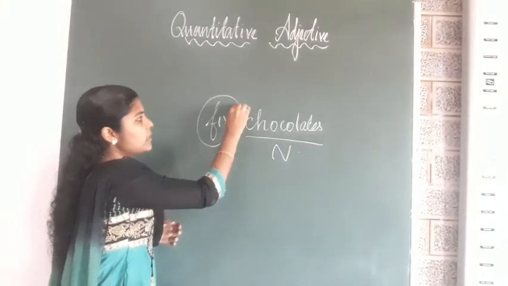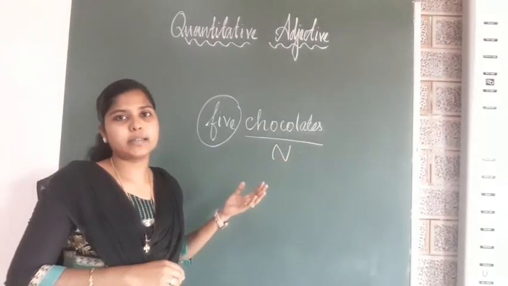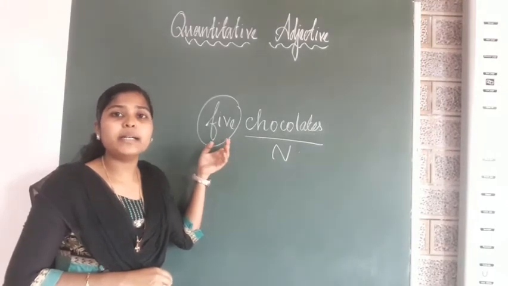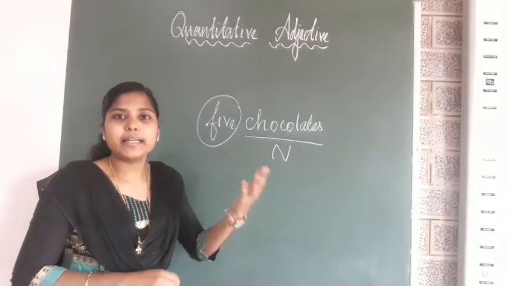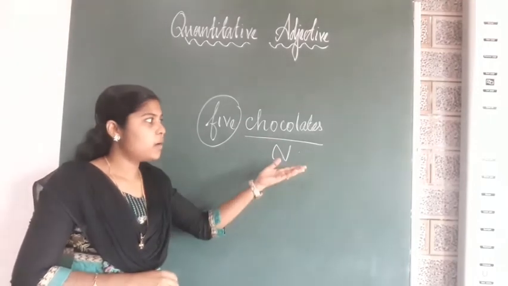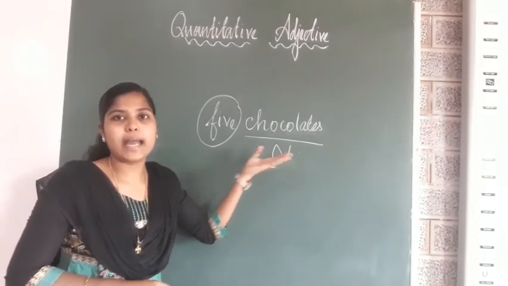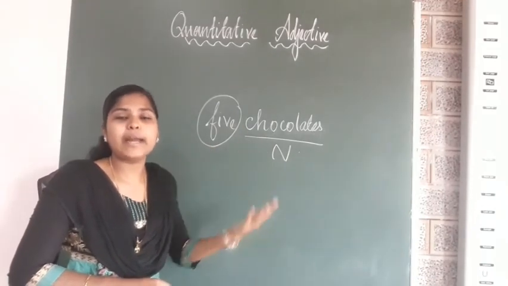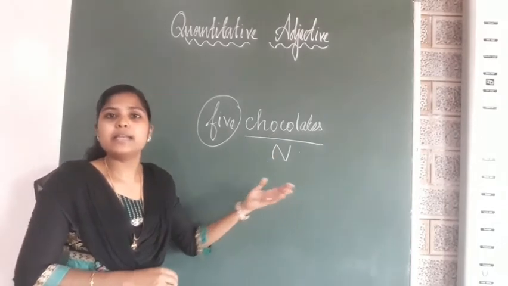Here the word 5, I have 5 chocolates in a box. So here the word 5 is showing the quantity, how much or how many I have. It denotes how many nouns there are.